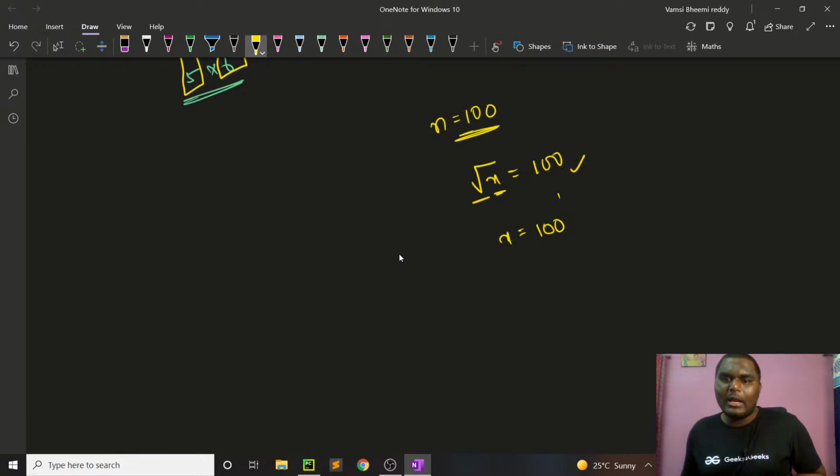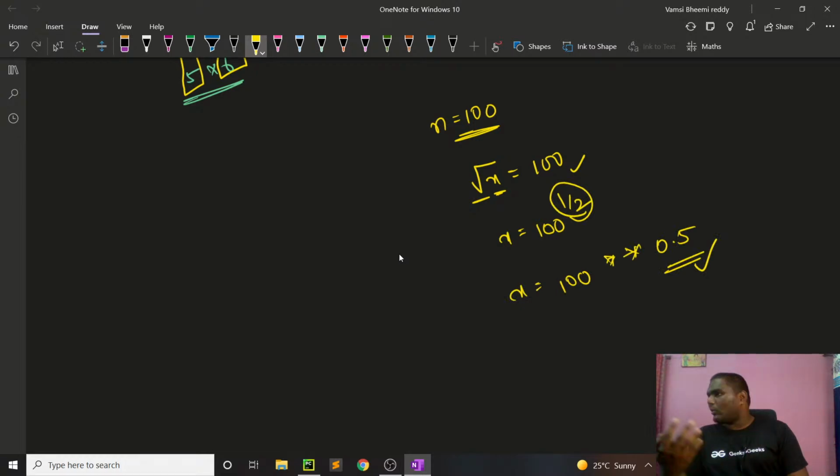So can I write that by 2 as 0.5? So it's 100 power 0.5. This is how you can derive it. This is how you can find a square root in Python.